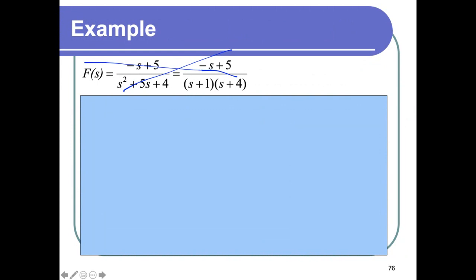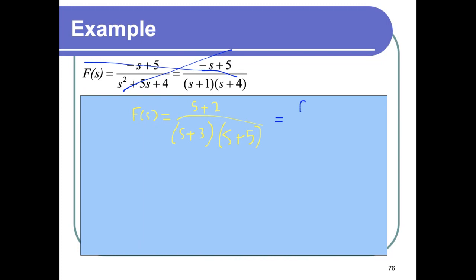We have f of s is equal to s plus 2 over s plus 3, s plus 5. Find the inverse Laplace transform of this function. Do the partial fraction expansion.